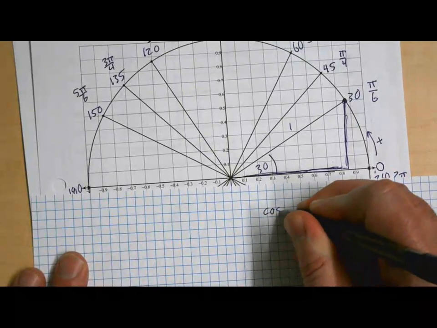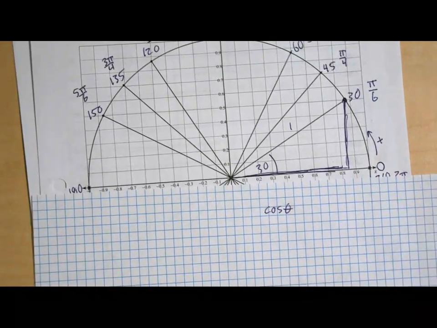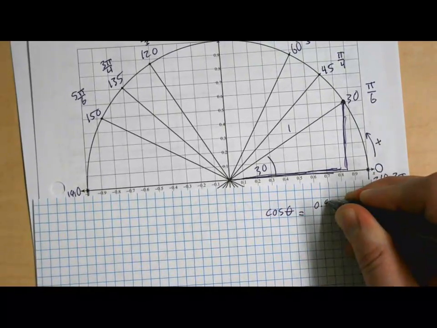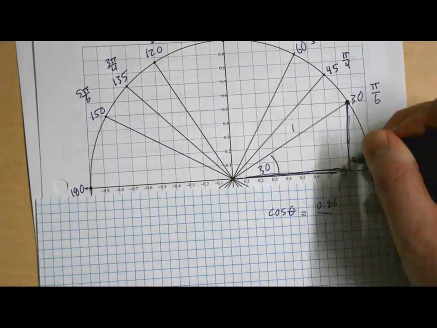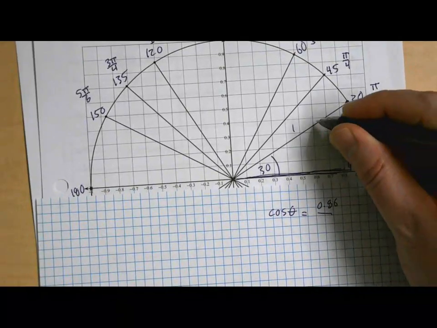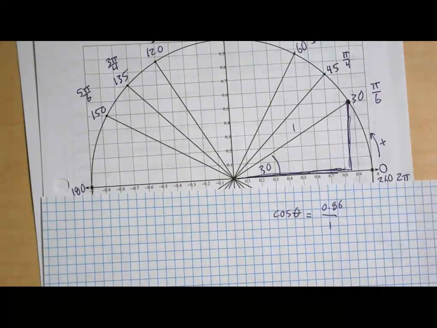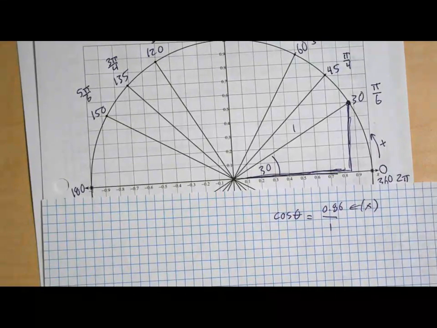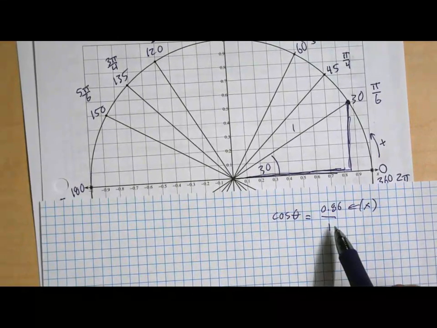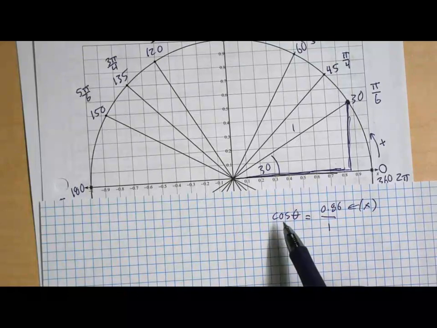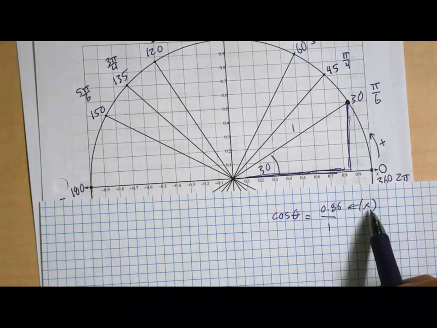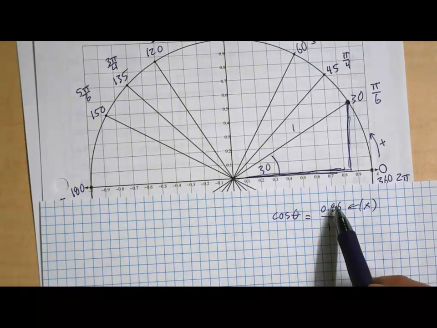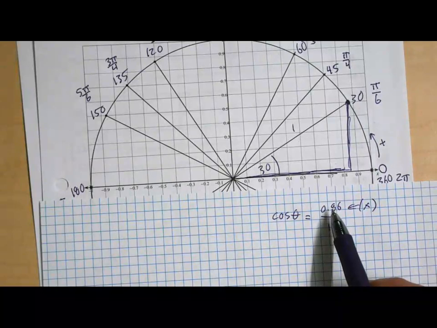If I asked you to find the cosine of theta, you would look at this and say, oh, it's about 0.86 over 1, right? Because the hypotenuse is 1. And 0.86 is your x-coordinate. So the reason the hypotenuse is 1 is to make the cosine match up with x. If the hypotenuse had been 2, then this wouldn't be the x-coordinate anymore. Does that make sense?